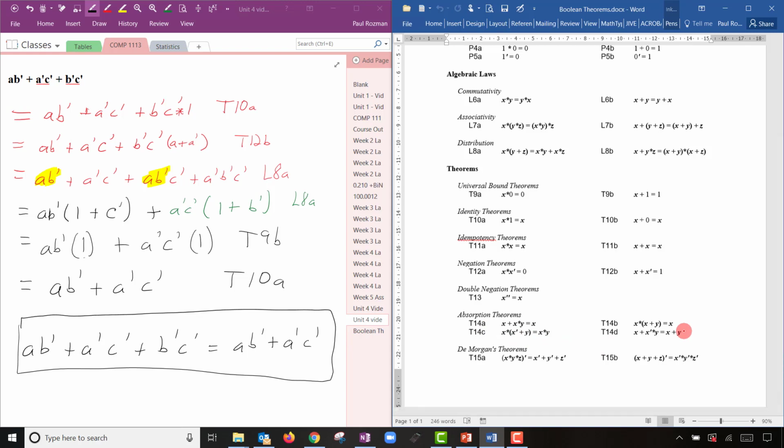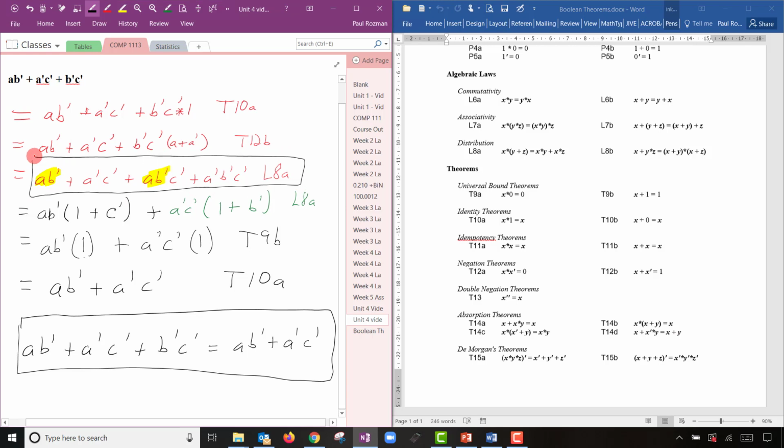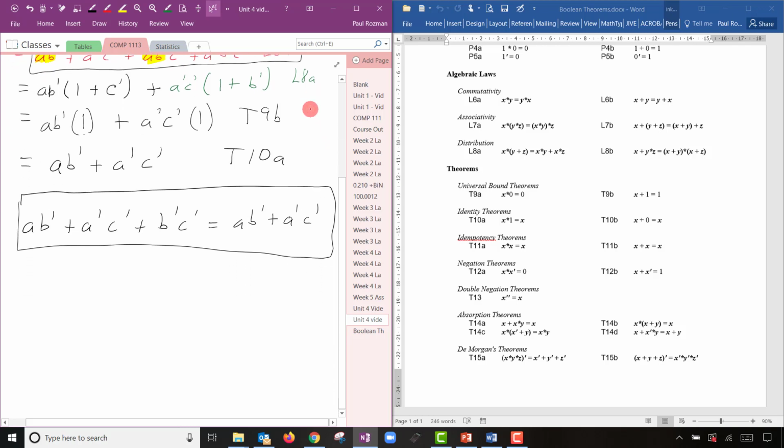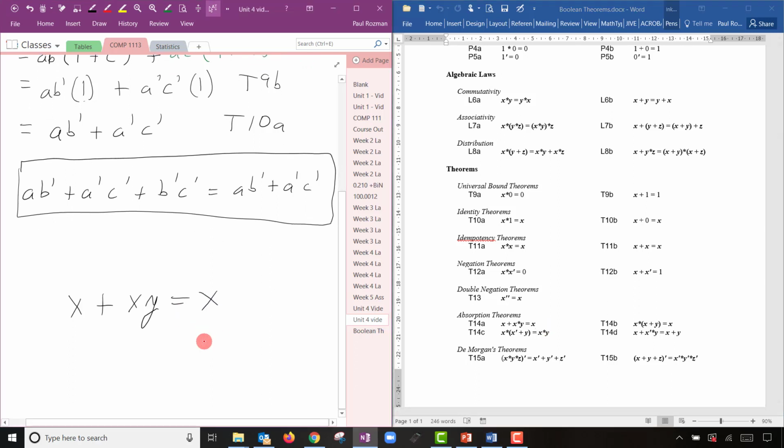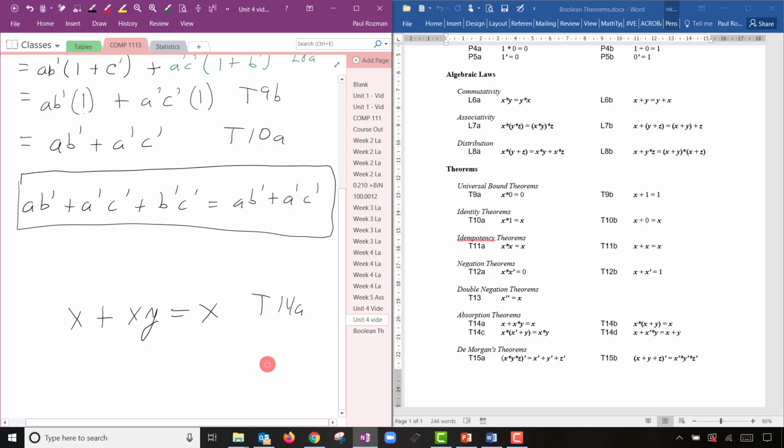If I look back at this thing, when we were at this stage here, we have AB naught or AB naught C naught. Well, if you have x or xy, that equals x by theorem 14a.